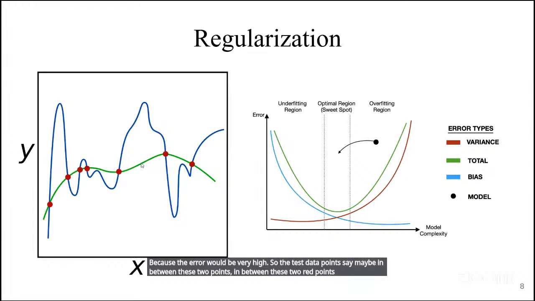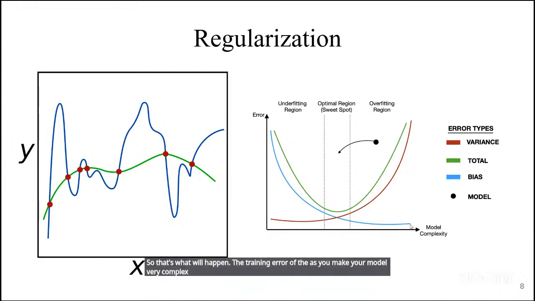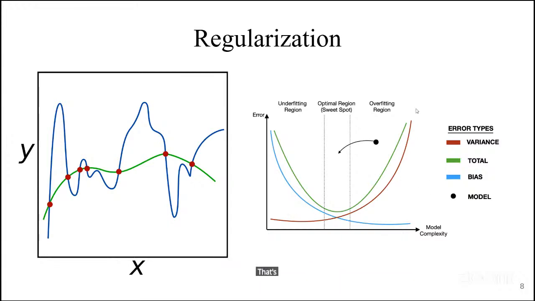The green will be able to perfectly explain it, but the blue model will have a very high error. So as you make your model very complex, the training error will be very close to zero, but the test error will shoot up.